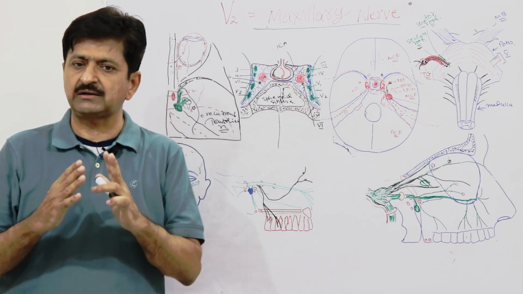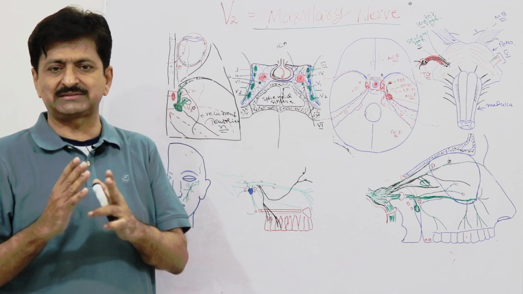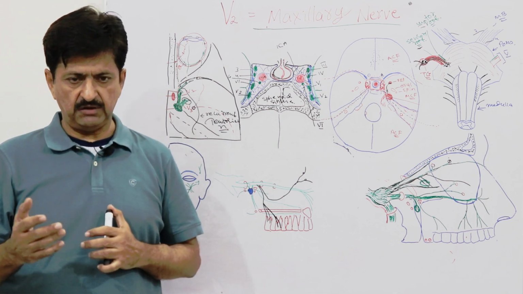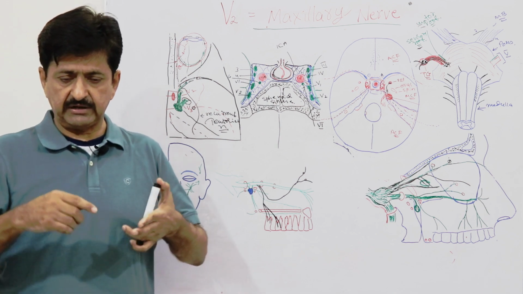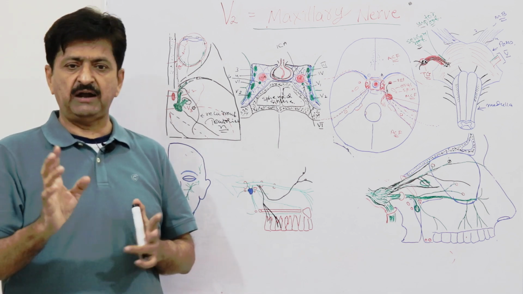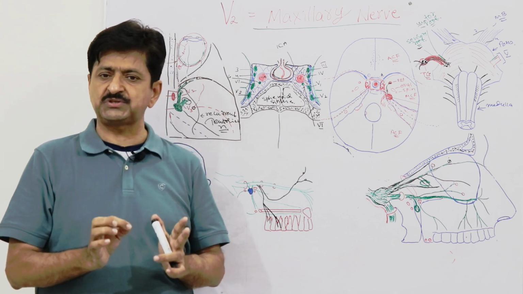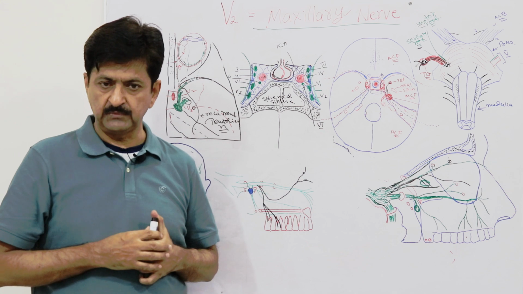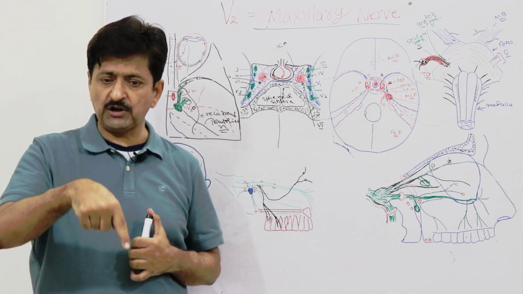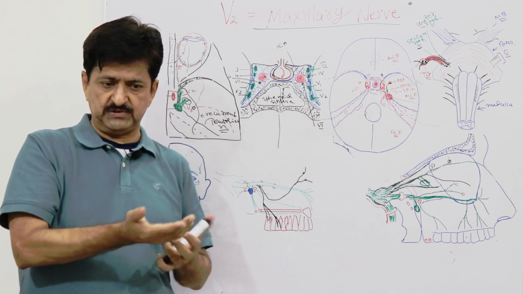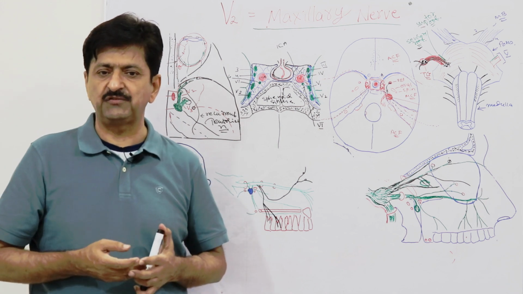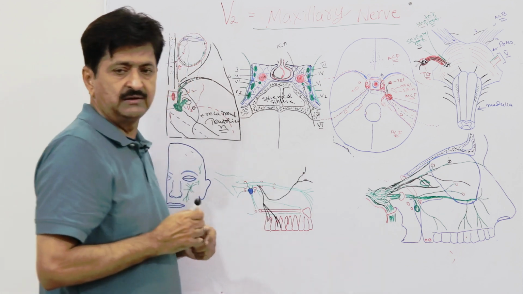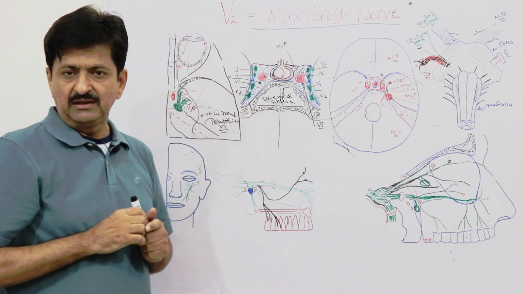So the maxillary nerve finally leaves the middle cranial fossa and enters the foramen rotundum. When a foramen comes, you will ask yourself four questions. The name of the foramen: foramen rotundum. Its location: in the floor of the middle cranial fossa, in the greater wing of the sphenoid.